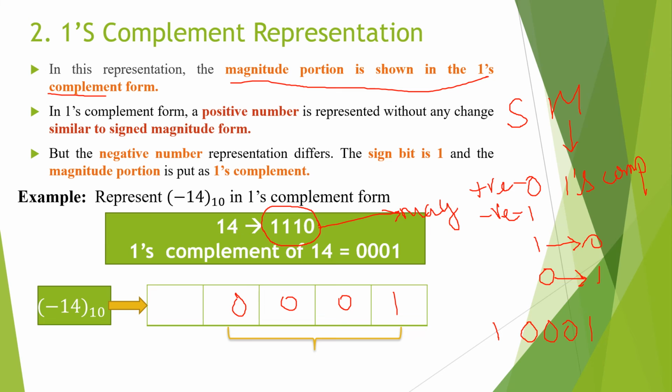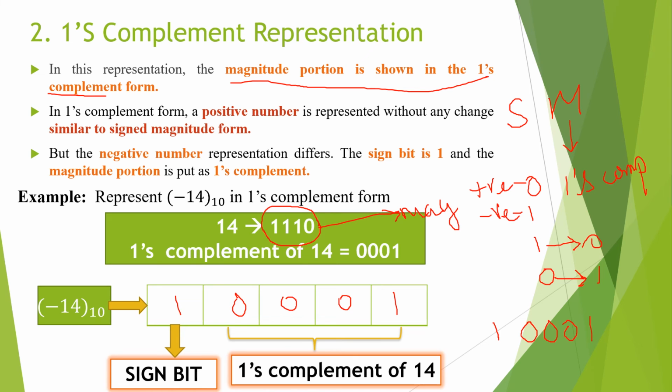Since my number is minus 14, a negative value, the sign bit will be 1. The MSB, the leftmost bit, represents the sign bit, and the remaining bits are the magnitude bits. For that magnitude we have taken the 1's complement of 14.